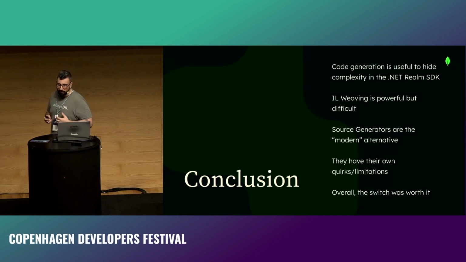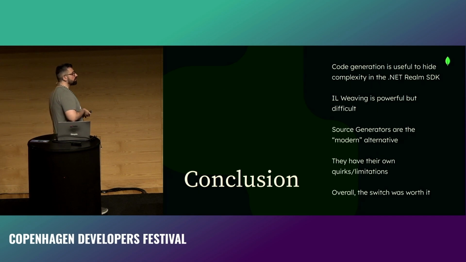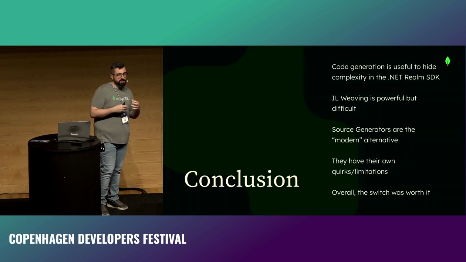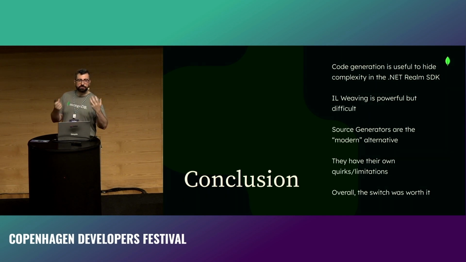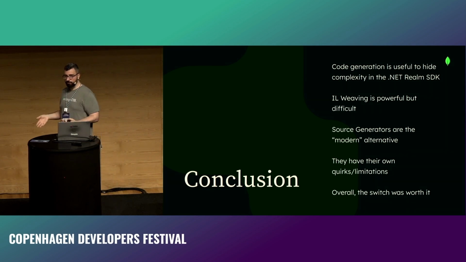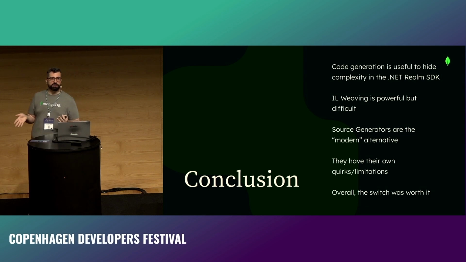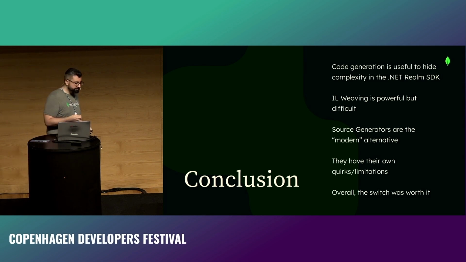Okay, so just to sum everything up, code generation has been an extremely powerful technique for us, because it allowed us to hide a lot of the complexity of the internals of Realm behind the model definition. In the beginning, we were using IL weaving for this. That is an extremely powerful technique, but also very annoying to work with.